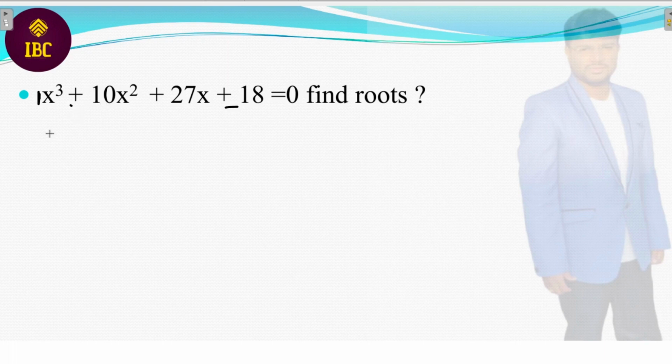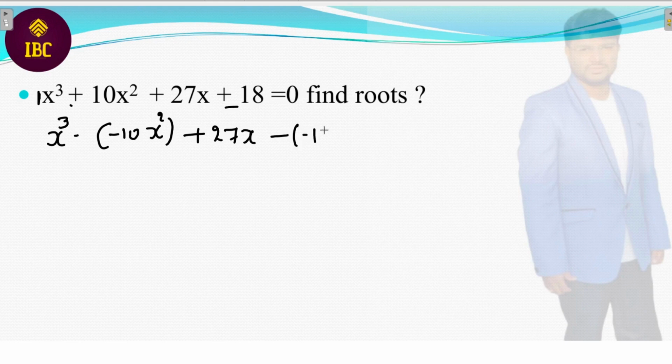Then this equation will look like x cube minus 10 x square plus 27x. No need to write it, but for better understanding, I will write it here. If I add the 3 roots, it should be -10. If I multiply all 3 roots, it should be -18. If I multiply pairs of roots, it should be +27. If you want, I will show that also after solving this equation.